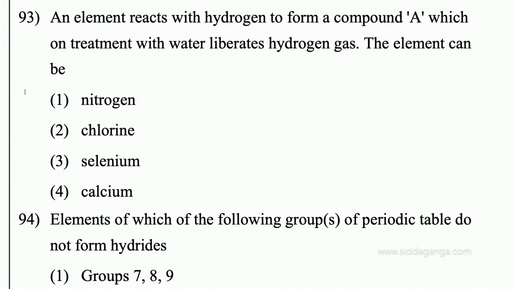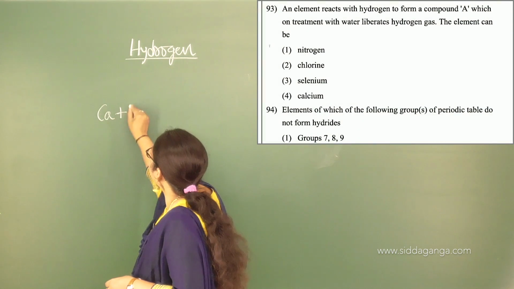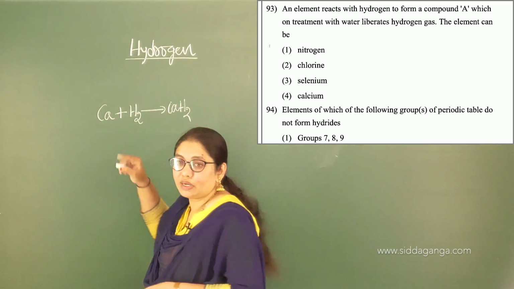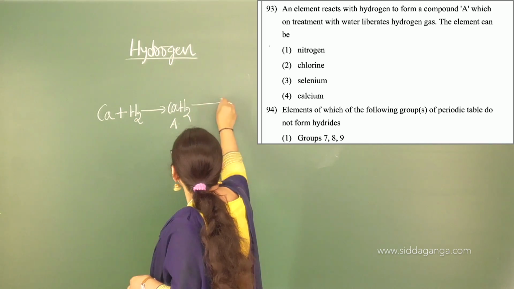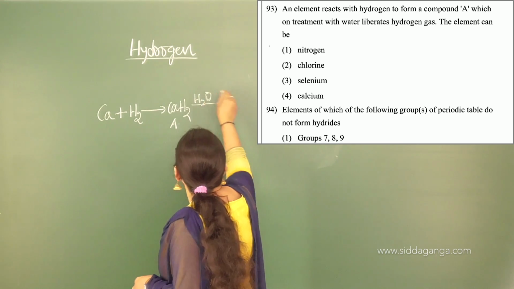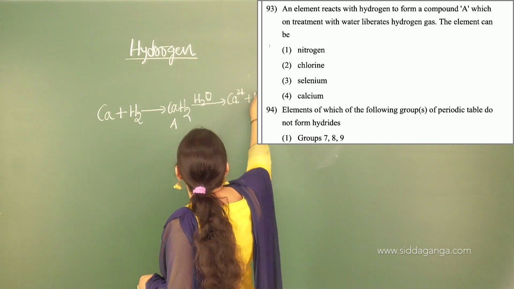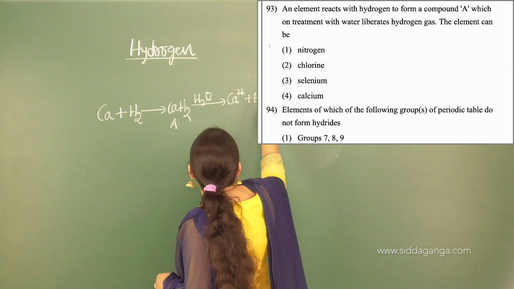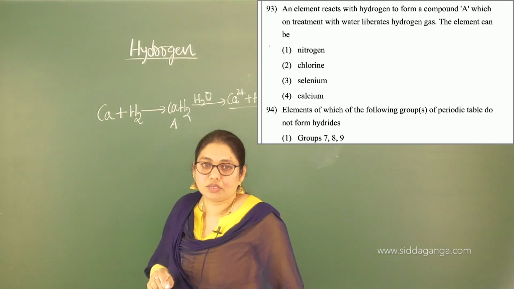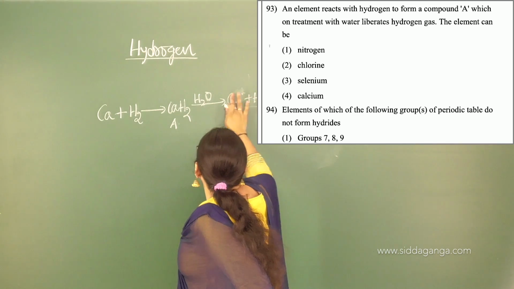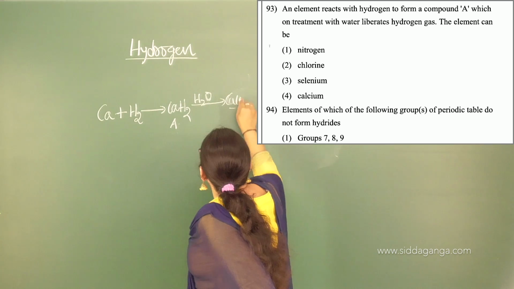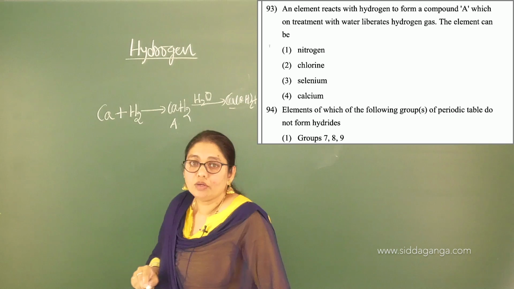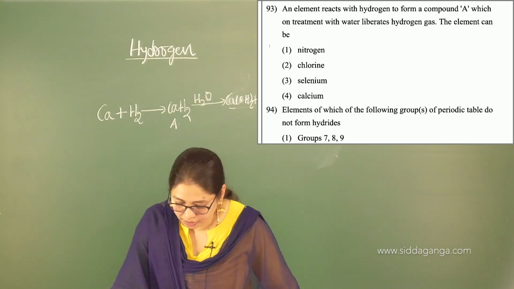So it is actually calcium, because calcium reacts with hydrogen to form calcium hydride, that is compound A, which upon reaction with water forms calcium hydroxide with the liberation of hydrogen gas. This is the actual reaction which takes place: Ca(OH)2 plus hydrogen. So the answer is option 4, calcium. Next question.